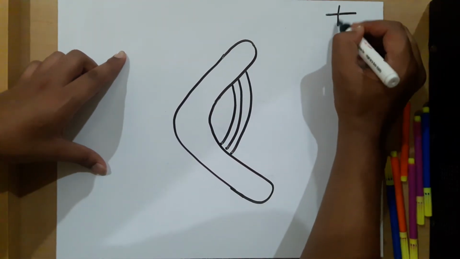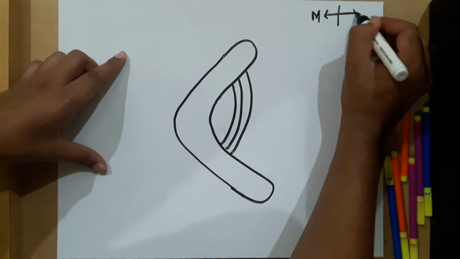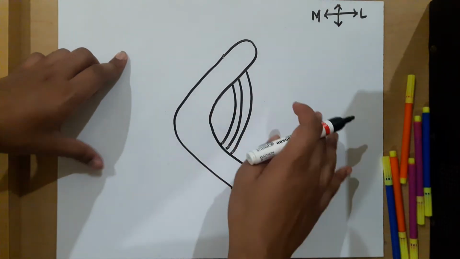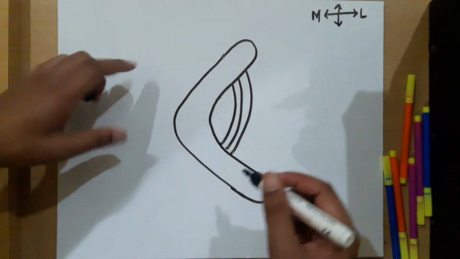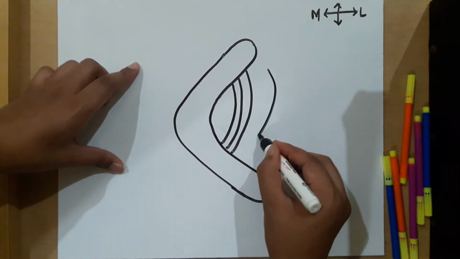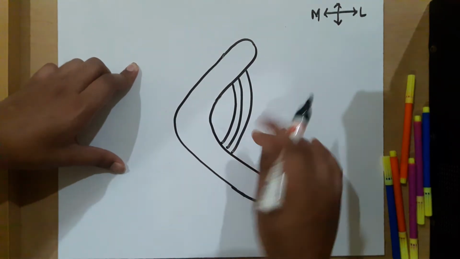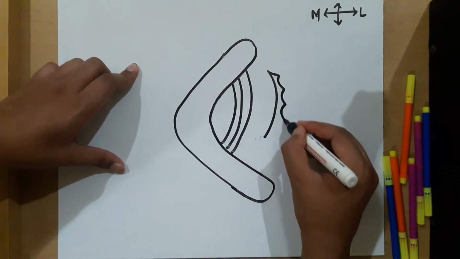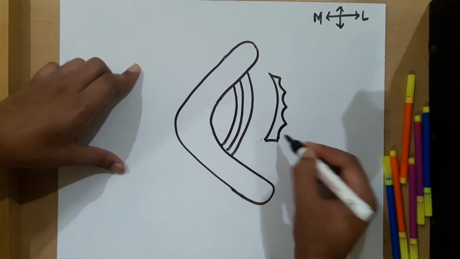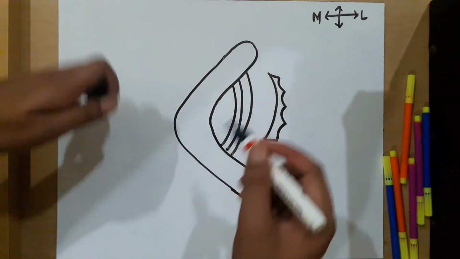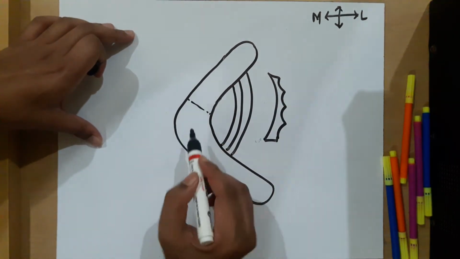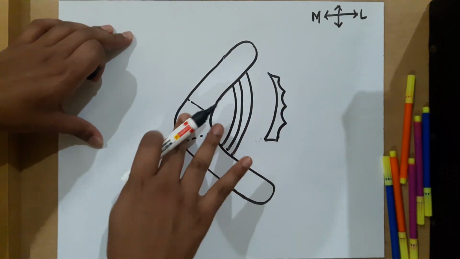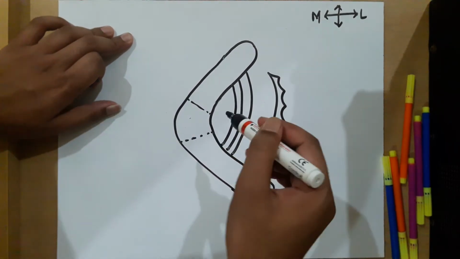This is medial and this is lateral. The concavity is on the lateral side with the lentiform nucleus and claustrum, and the bent part is known as the genu.